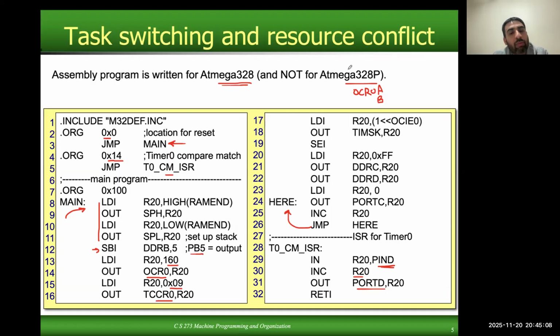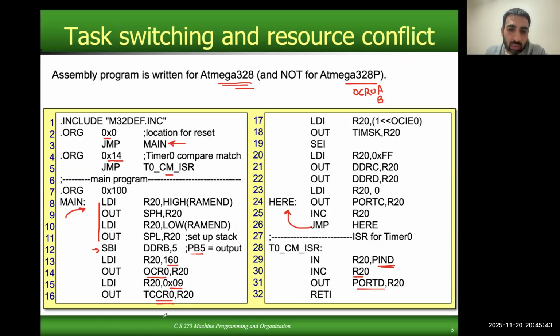Again, remember that in ATmega328P you have two control registers, TCCR0A and TCCR0B, but in ATmega328 you have only one control register, TCCR0. So you remember that if you want, you can modify this example for ATmega328P by just putting the appropriate values in, for example, output compare register 0A and then putting appropriate values in timer and counter control register 0A and timer and counter control register 0B.